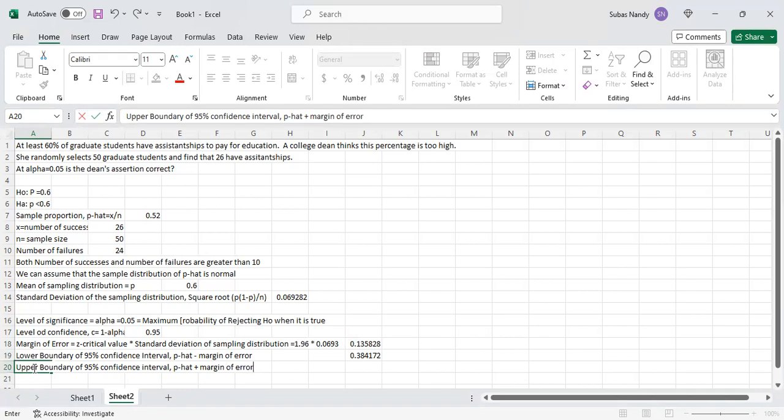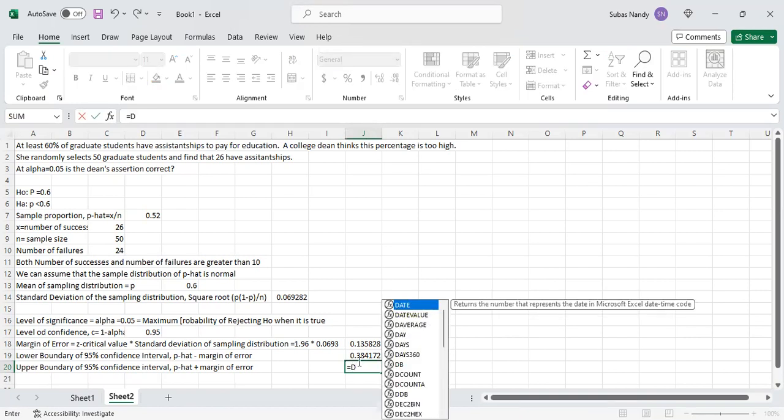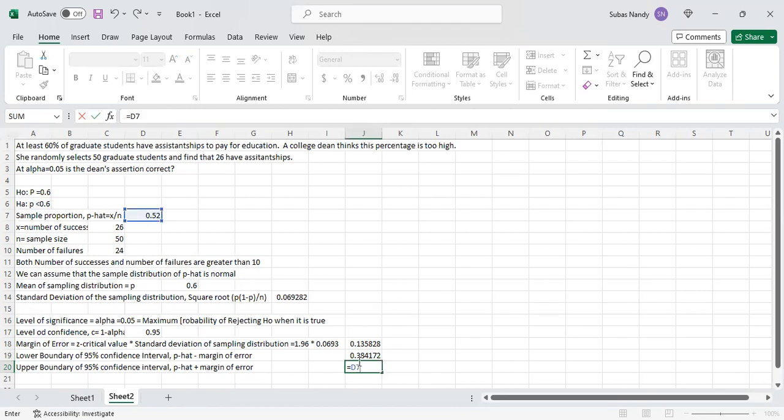So again, P hat is in cell D7, equal to D7, and plus, now we are doing the upper boundary, so plus the margin of error, which is in cell J18.